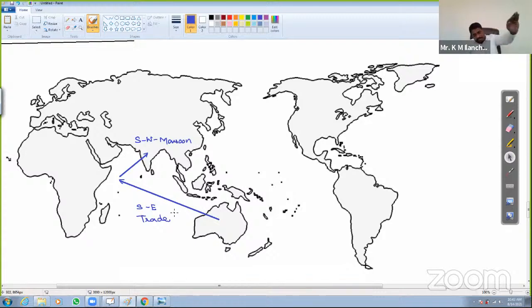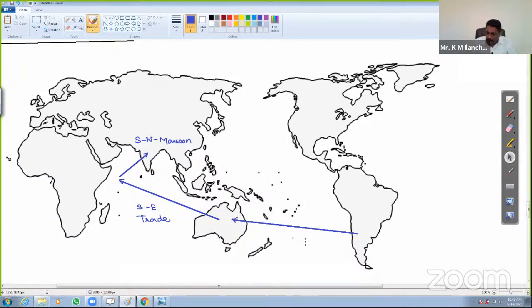Okay. Now comes the question. Does this wind ultimately come from Australia? If you ask me, no. This wind comes through Australia. Okay, but when I talk about the southeastern trade, the southeastern trade indirectly comes from, say for example, the Peruvian coast. They almost come from the Peruvian coast.